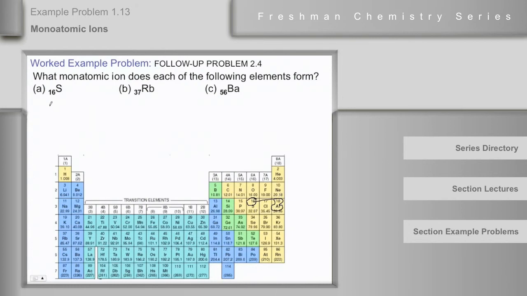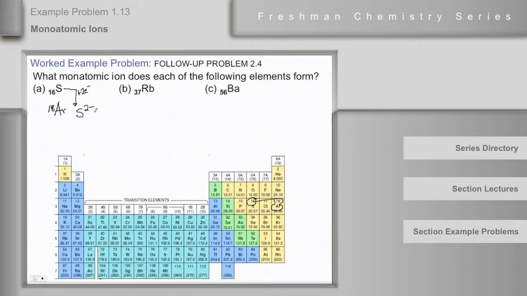So we have argon with 18 electrons, 18 protons, and we have sulfur with 16, which will tend to pick up 2 electrons to form then an ion with 2 negative charges.